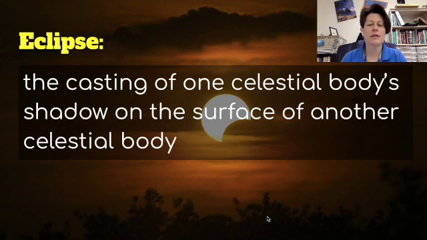So if we're not certain when a battle occurred, we can use evidence from eclipses being mentioned to determine when that battle occurred, because the motions of the sun, the moon, and the earth follow a certain pattern. We can go back in time and figure out when the eclipses occurred, and we can figure out when future eclipses are going to occur.